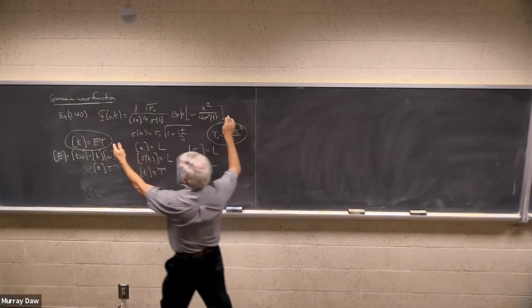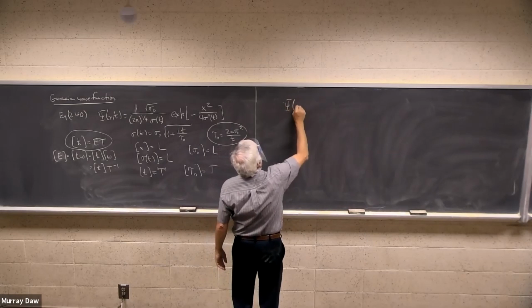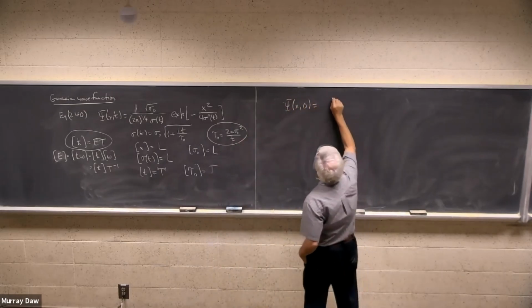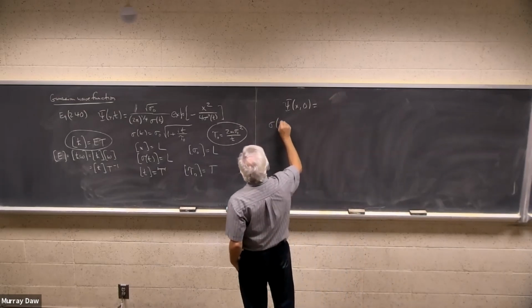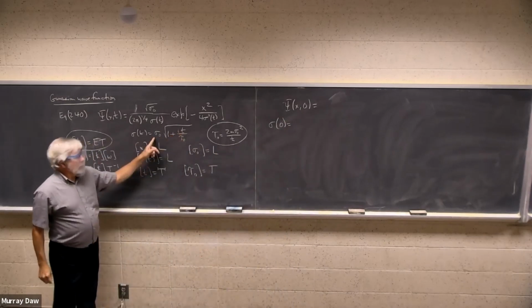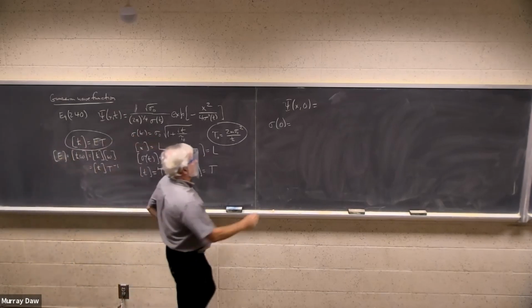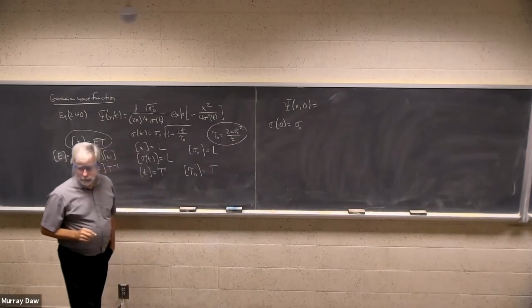So this is an example of that. Let's see what initial wave function this corresponds to. Let's set t to 0. Where t is equal to 0, sigma of 0 is just sigma naught. That's why we call it sigma 0. It's the initial sigma.